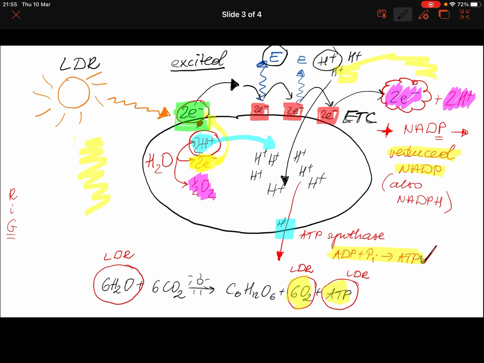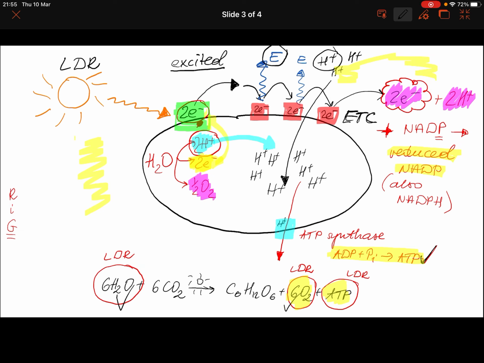The problem with lost electrons in the chlorophyll was sorted thanks to the water, which is one of the substrates needed for photosynthesis. So water was broken down, photolysed to the hydrogen ions, which further increases the concentration of them, electrons, which replace the electrons lost in the chlorophyll, and oxygen, which is of course the product of photosynthesis.